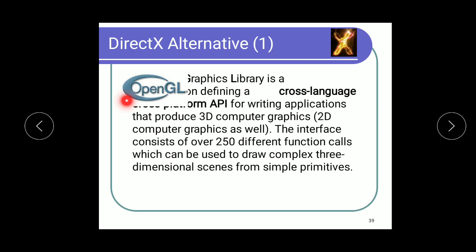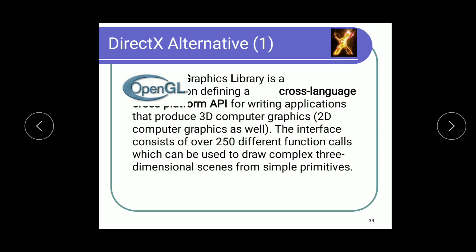Now OpenGL is a graphics library defining a cross-language, cross-platform API for writing applications that produce 3D computer graphics. 2D is also combined in that. The interface consists of 250 different functions. OpenGL is an alternative to DirectX, and its 250 different functions are called to draw complete three-dimensional scenes from simple primitives.